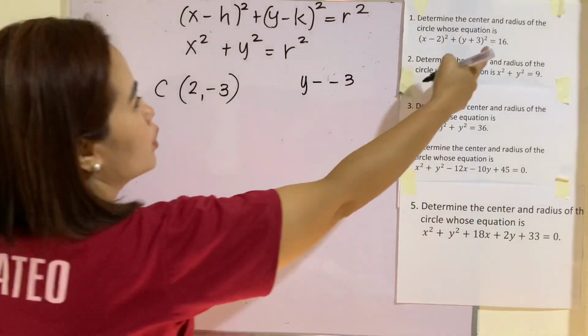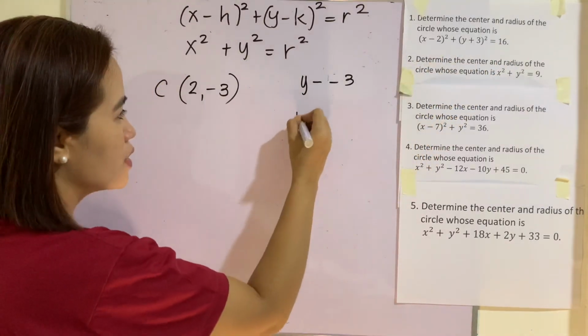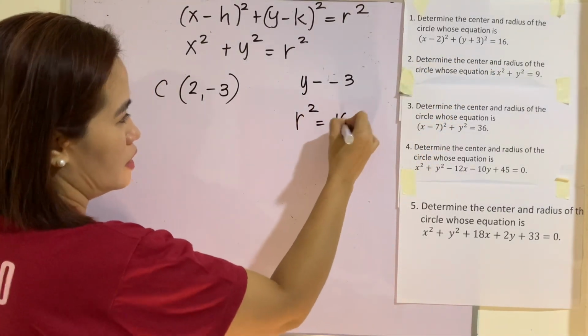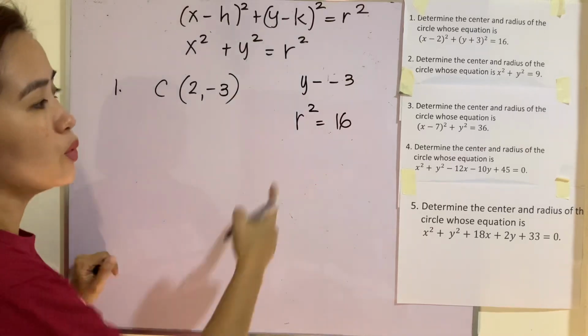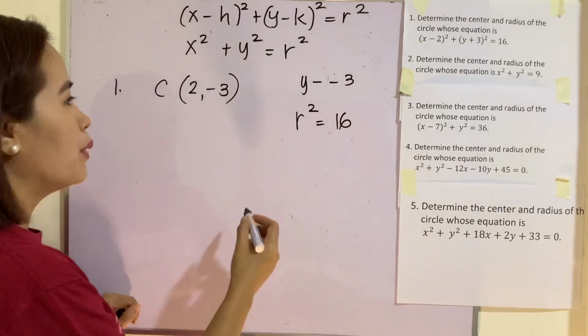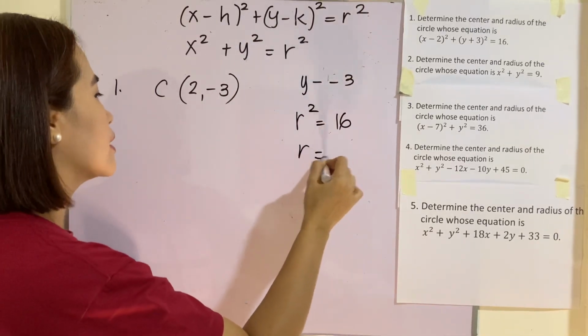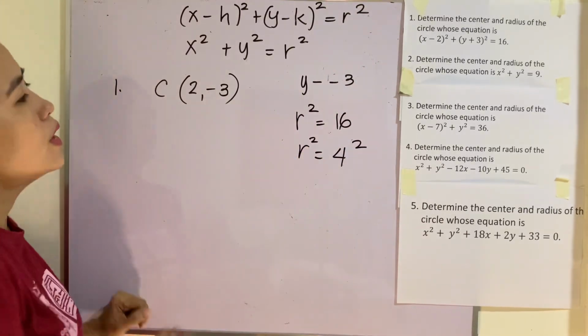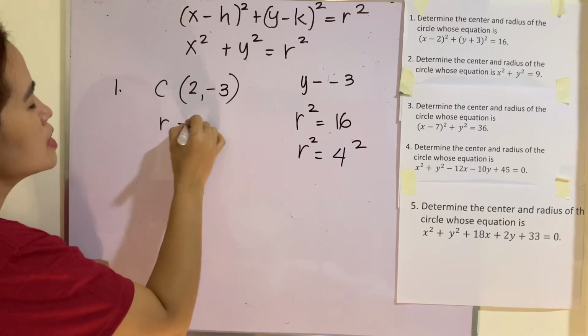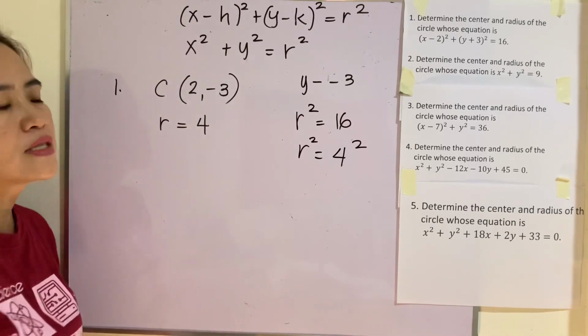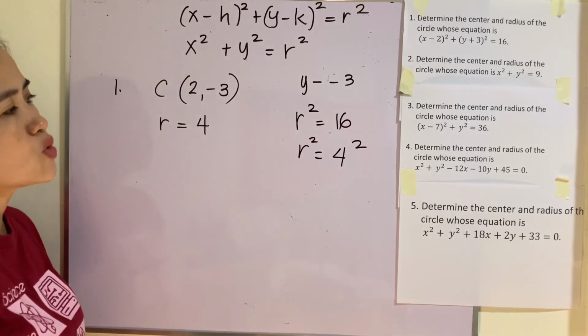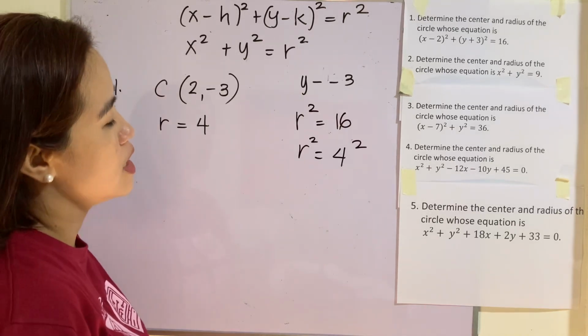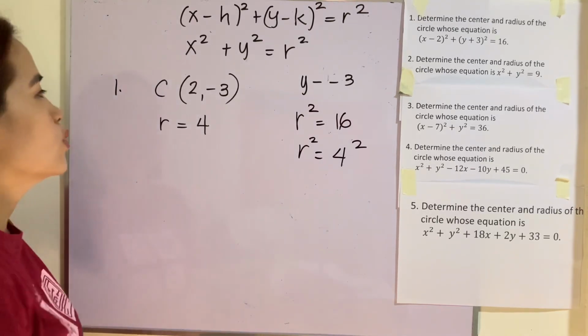And how are we going to write this as r squared? 16. r squared is 16. What will be our base then? 4 squared. So therefore, our r is equal to 4. You just get the square root of 16, and that is equal to 4.